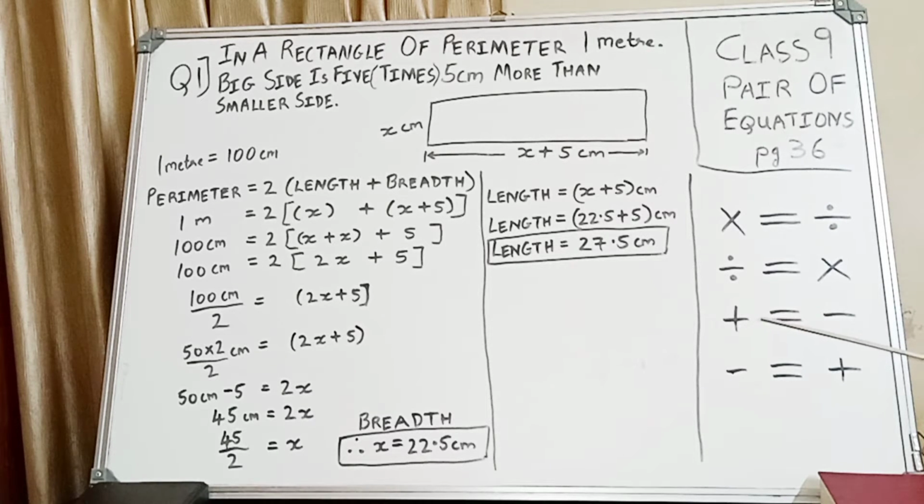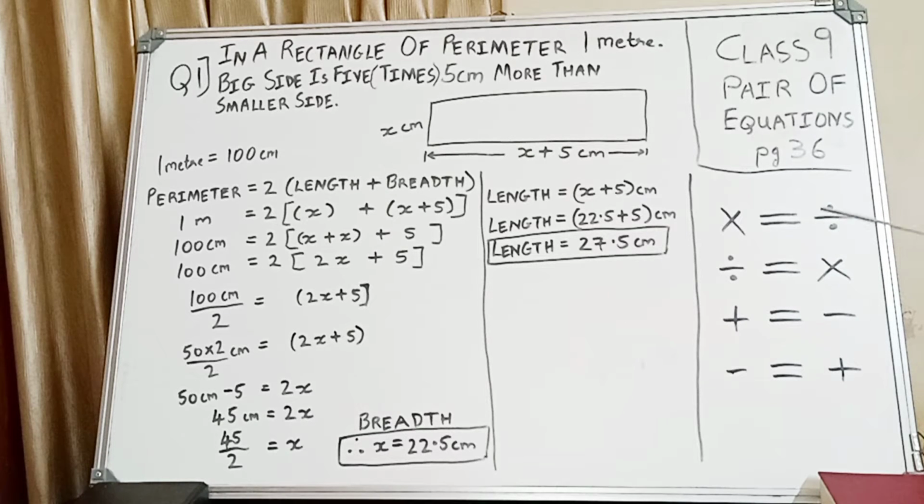And when addition is there before the equal to sign, when it goes to the opposite side, it will become minus. Similarly, when minus is there before the equal to sign, when it goes to the opposite side, it will become plus. So these four parameters you need to understand before solving this.